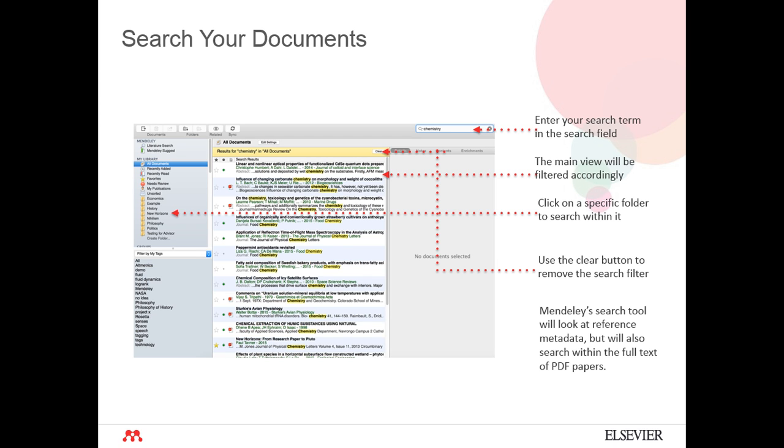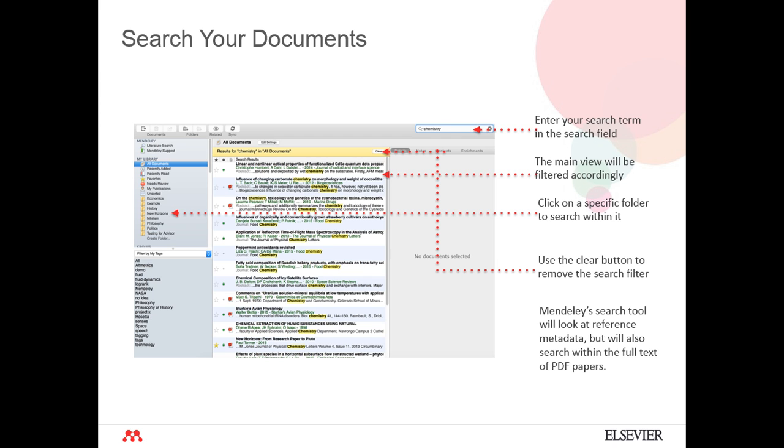The Mendeley search tool will look at reference metadata, but will also search within the full text of the PDF paper. This is really something good. Suppose you have published a paper on artificial intelligence but forgot all the details. You can directly go to the search field and add artificial intelligence.